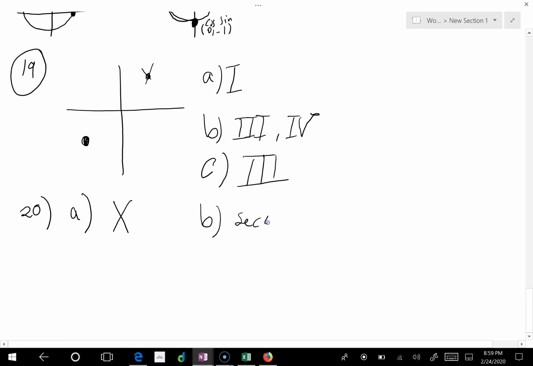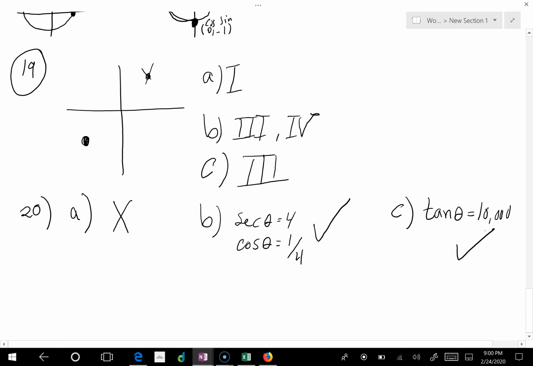If secant theta is 4, then cosine theta is 1/4, which is less than 1, so it's okay. And we said there's no restriction for the outcome of tan theta, so 10,000 is absolutely okay. So the only one that is not okay is when sine theta on the first one was greater than 1. That's not possible.